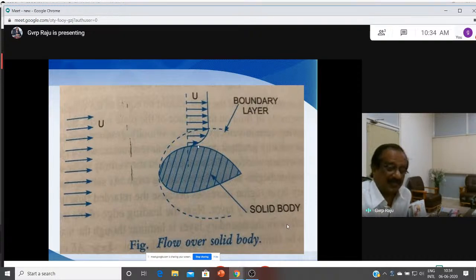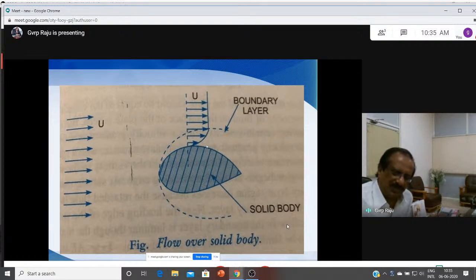If you remember the discussion I gave you in the initial classes, the fluid adheres to the solid body here. Whatever fluid is moving here adheres to this plate. So then what is the velocity of the fluid here?